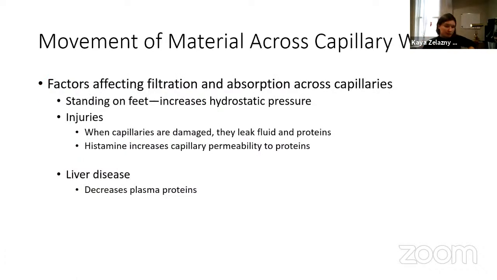As you might expect with everything we talk about in this class, that's our baseline, but we do have lots of factors that affect filtration and absorption. When we're thinking about physiology, we think about changes to these systems, because we want to understand feedback loops, regulation, and pathology.